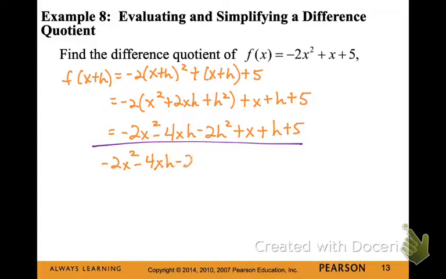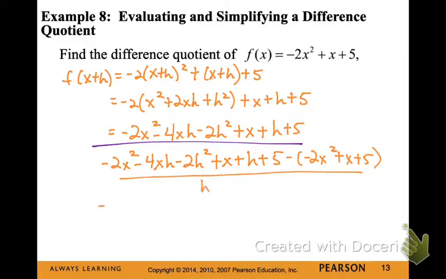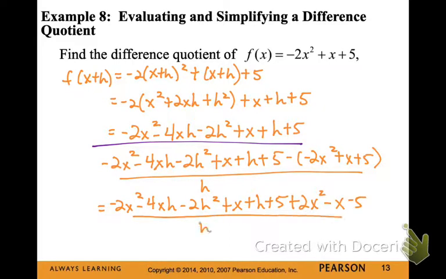Now I go ahead and do the whole formula. I take f of x plus h, which is this big expression, and then I'm going to subtract f of x, which is negative 2x squared plus x plus 5, all divided by h. Now I'm going to distribute my negative after I rewrite my first expression. That'll become positive 2x squared minus x minus 5, all over h.